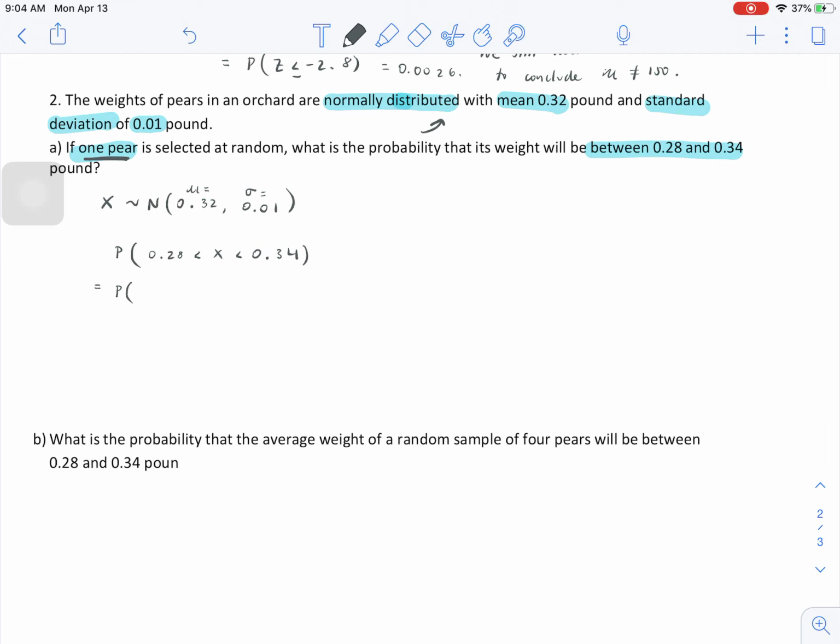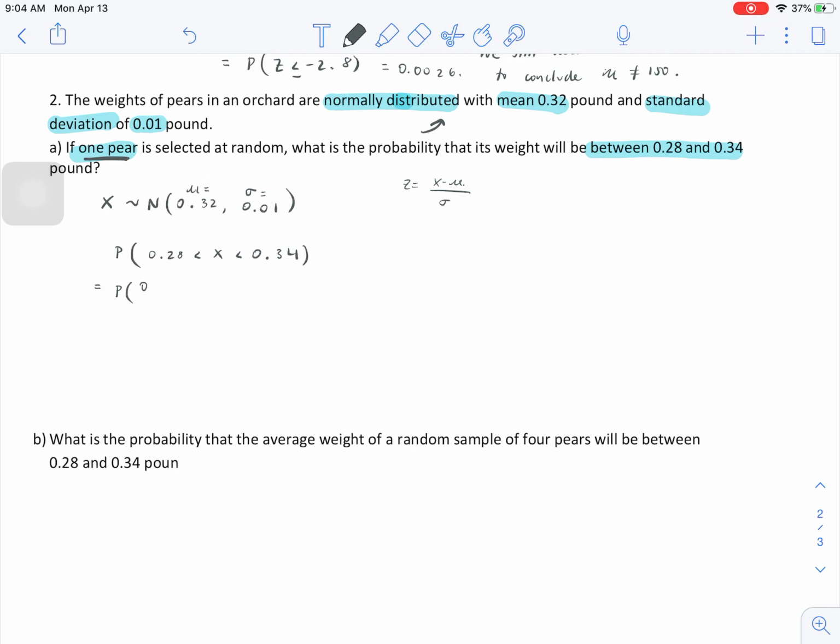Since we have a normal random variable, a normal population distribution, we can just convert this to a standard normal. Remember our conversion formula? Subtract the mean, divide by the standard deviation.